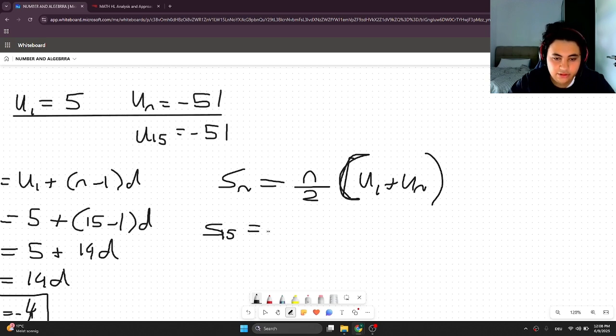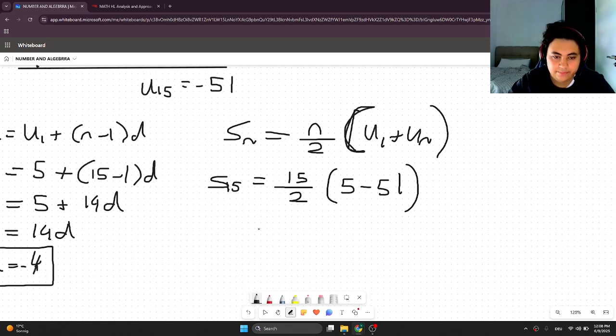So S15, because it's 15 terms, is equal to 15 divided by 2 multiplied by u1, which is 5, plus negative 51, so minus 51. So S15 is equal to 15 over 2 multiplied by 5 minus 51, which is negative 46.